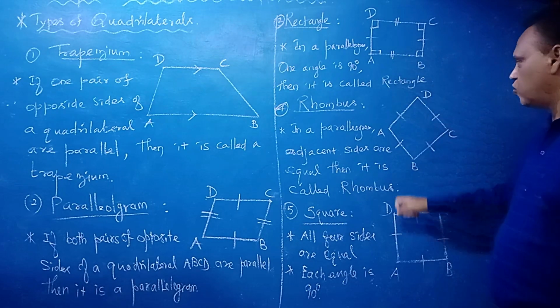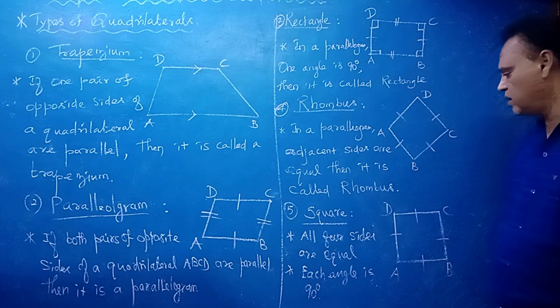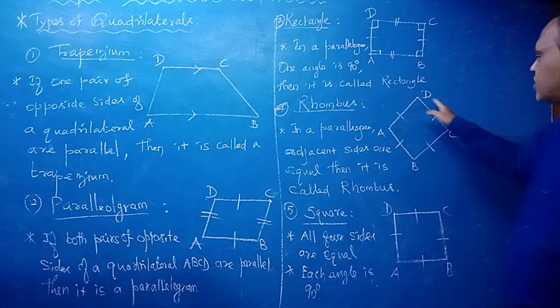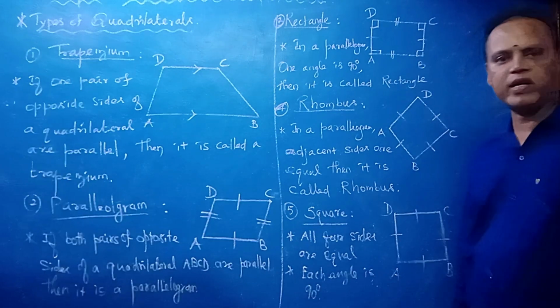When a rhombus becomes a square, the diagonals should be equal, because all sides are already equal. Then if the diagonals are equal, it is a square.